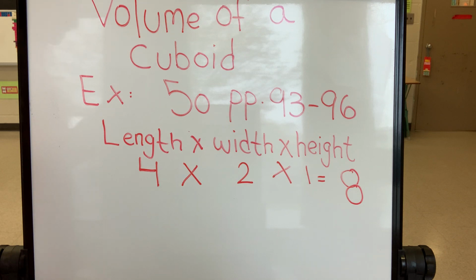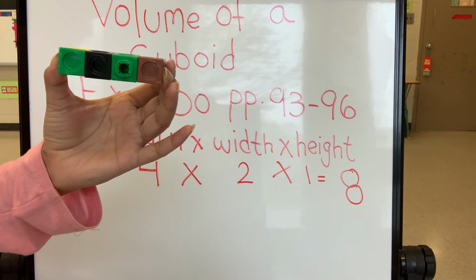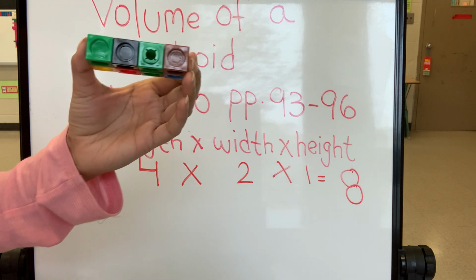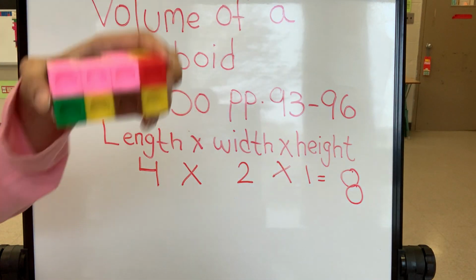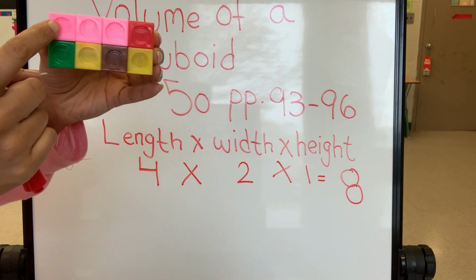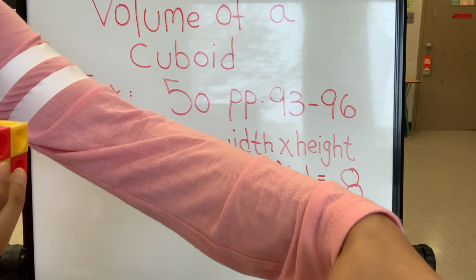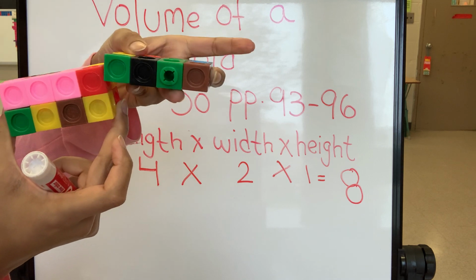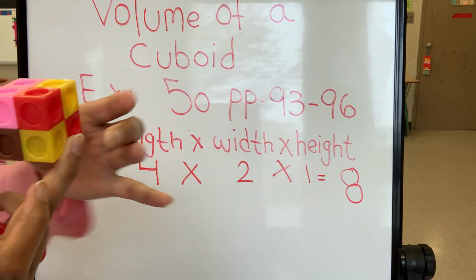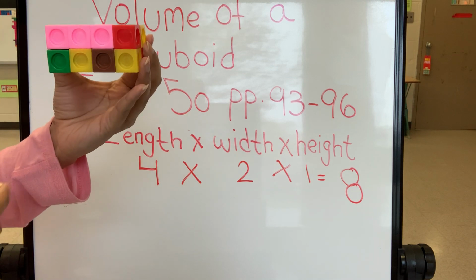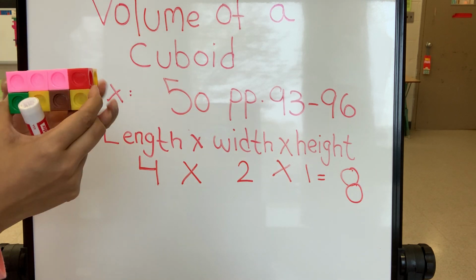Now let's see, instead of just one height, what if I added another layer to this cuboid and I had 2 layers? So instead of having just one like this, now I added another layer to it. So let's go ahead and write down our numbers again.